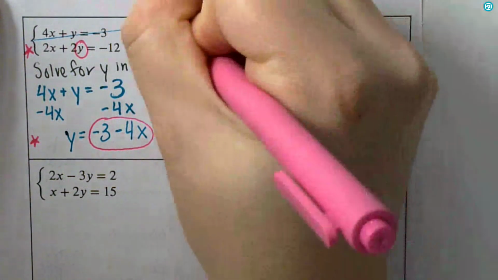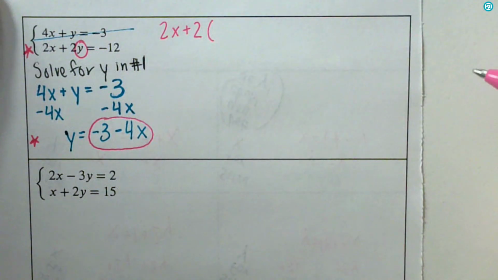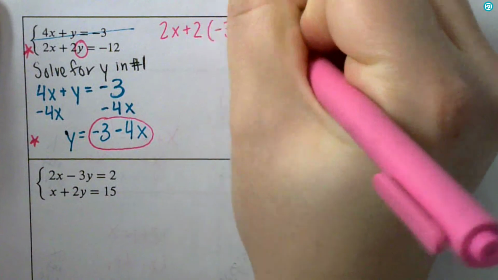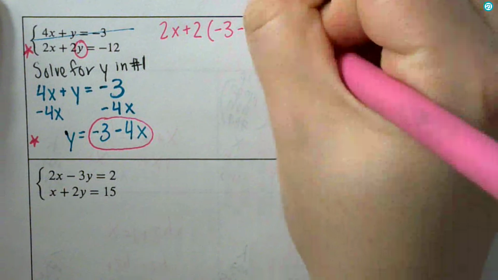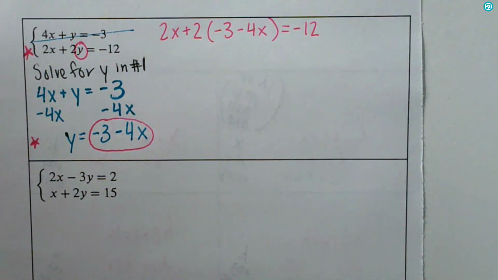I've got 2x plus 2, open parentheses, I'm plugging in my new version of y, -3 minus 4x, close parentheses, and that is equal to -12. Okay. Any questions about plugging in? That's step 2, to substitute into an equation.